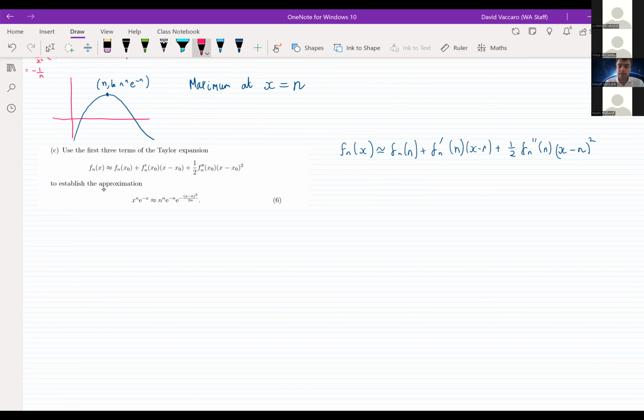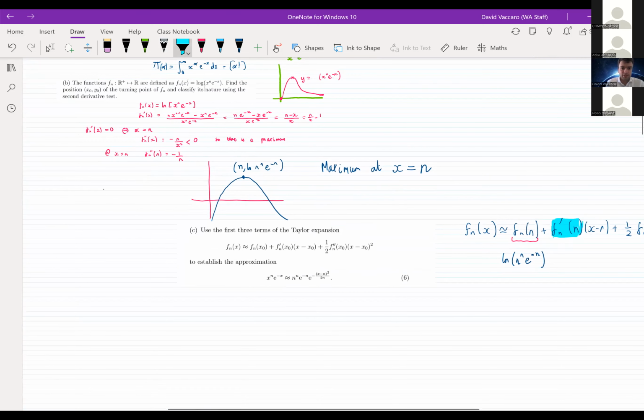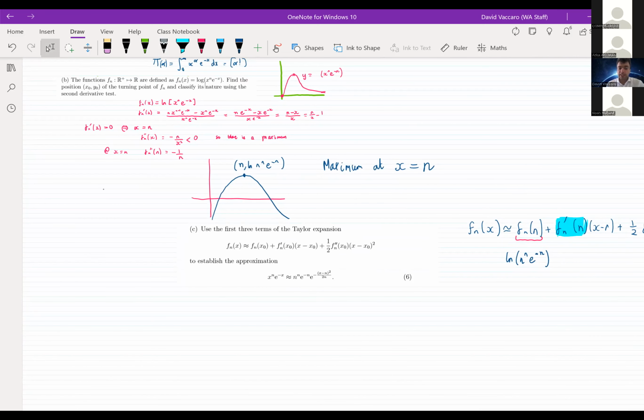Okay, so let's do the various parts. The function evaluated at n, we just need to substitute n into the function. So we get ln of n to the n e to the negative n. What's the value of fn dash at n? Let's see how awake people are. I could scroll back to where I'd differentiated, but remember that n was the point that we picked to be the maximum.